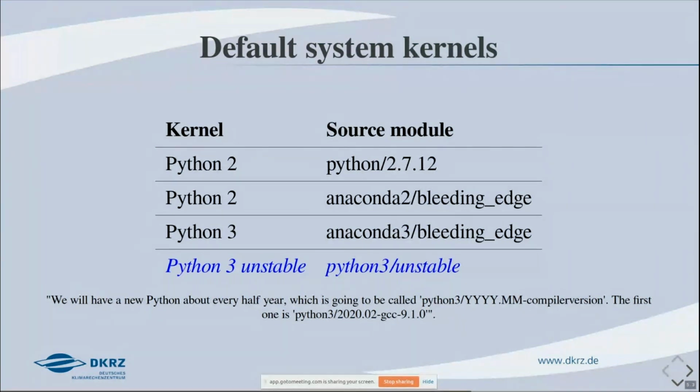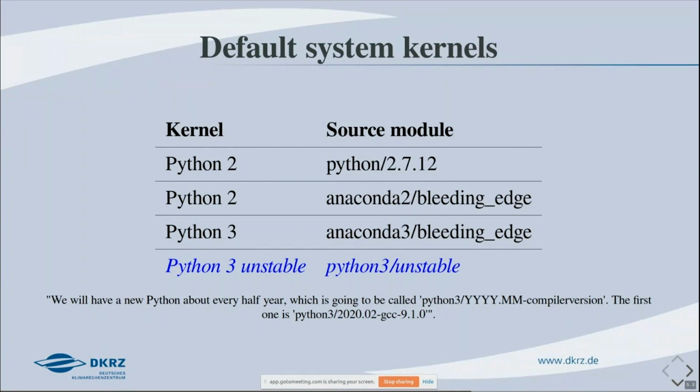In the coming weeks, I will also add more system Python kernels. As I wrote here at the bottom, we will have a new Python about every half year. The first one is this one, the Python 3 2022, and the compiler version.